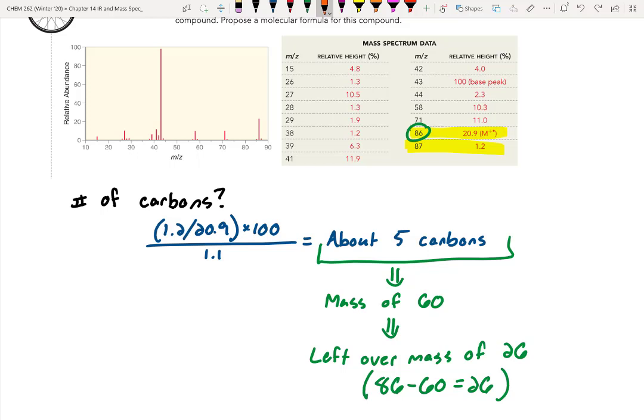Let's try to put our brains together. How many of you think there are 2? How many of you think there are none? Who can explain why they don't think there are 2? Two nitrogens would be 28. Yep, if we had 2 nitrogens, they would be 28. We can't have 28. We only have 26 left over.